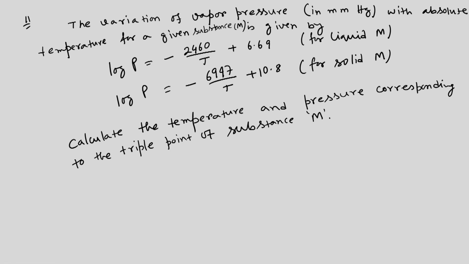So, problem number 11 is the variation of vapor pressure in mmHg with absolute temperature for a given substance M is given by log P equals minus 2460 by T plus 6.69 for liquid M, and log P equals minus 6947 by T plus 10.8 for solid M. Calculate the temperature and pressure corresponding to the triple point of substance M. So, at triple point in pressure temperature diagram, at triple point all three coexistence lines meet here.